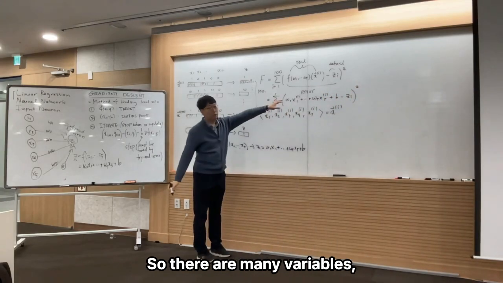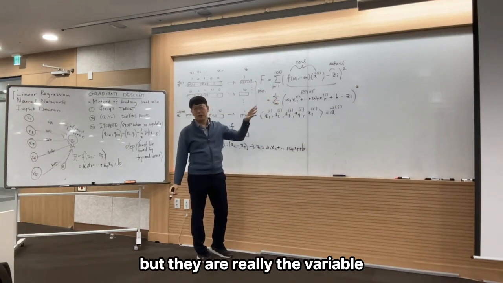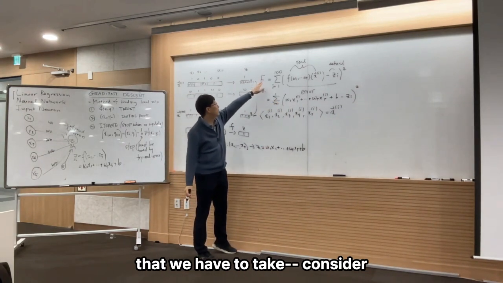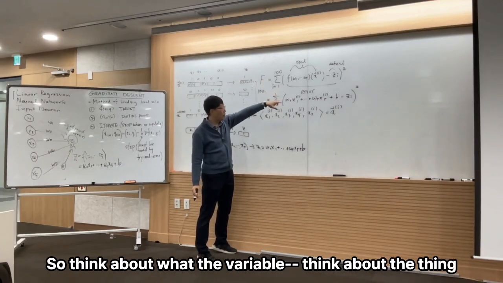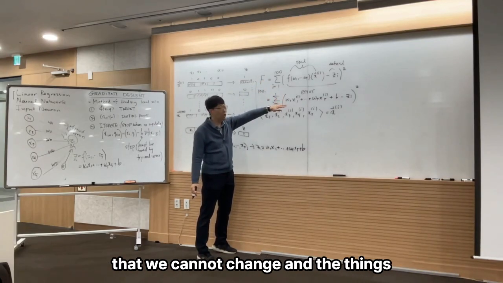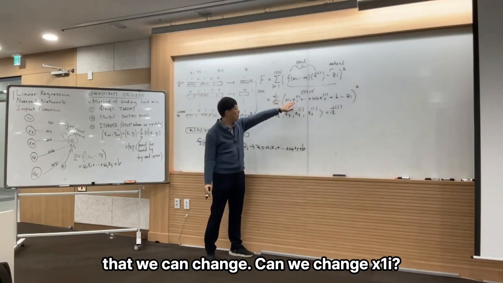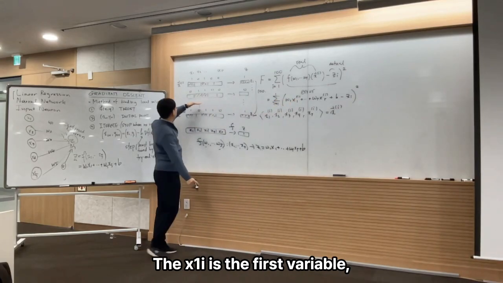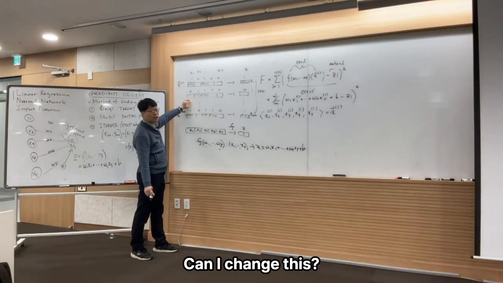So there are many variables. It looks like everything is variables, but there are really the variables that we have to consider as variables of this function. So think about the things that we cannot change and the things that we can change. Can we change x1i? The x1i is the first coordinate of the i-th vector here. Can I change this?